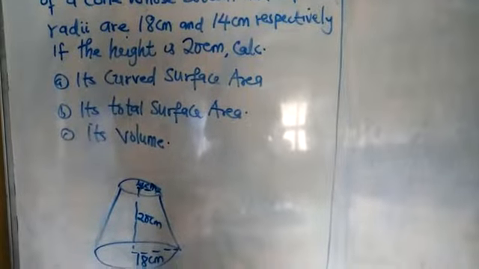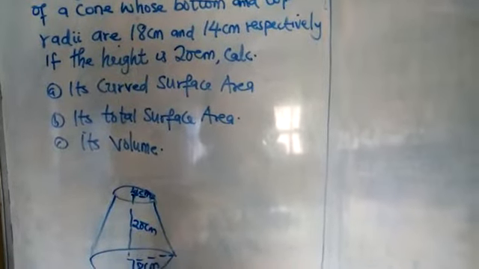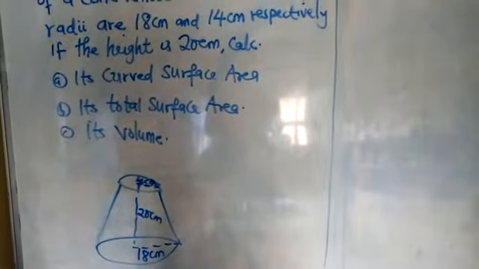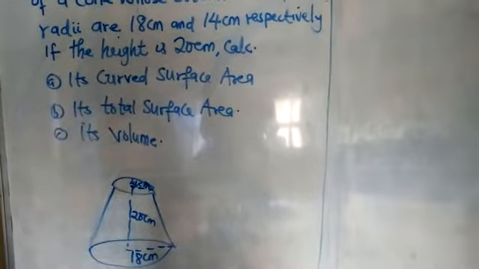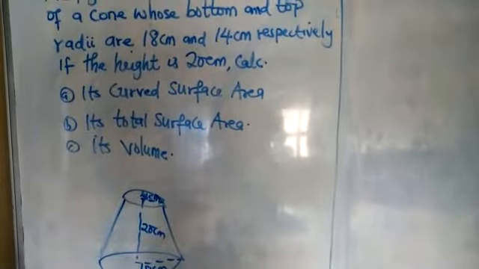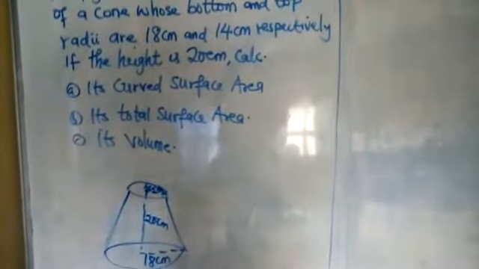If the height is 20 cm, don't forget the height is the height of the frustrum, we are asked to calculate A, its curved surface area, B, its total surface area, then C, its volume.